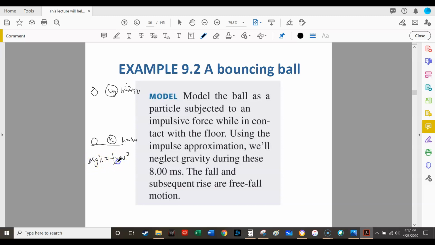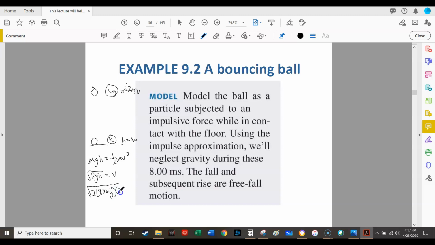So the masses cancel out. You got 2gh equals the velocity squared. So the square root of 2gh is equal to the velocity. Let's just call g 9.8 meters per second squared.